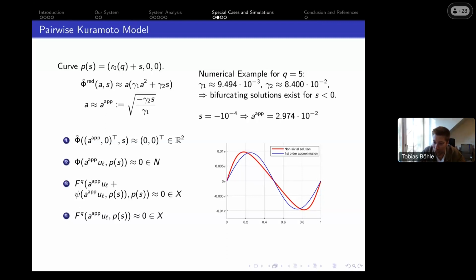So we can see that the blue curve approximates the red curve, and if S approaches 0, then the approximation becomes better and better.